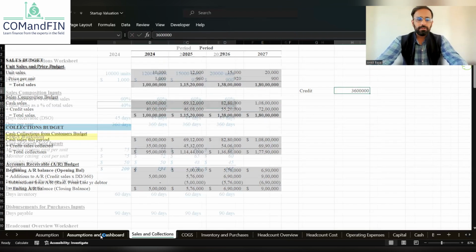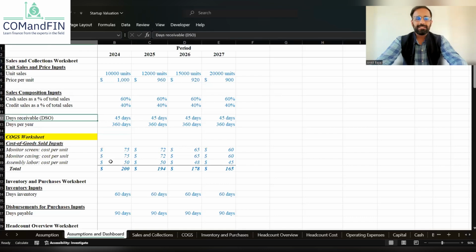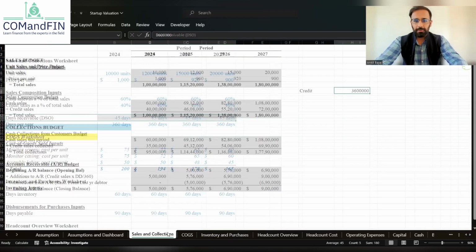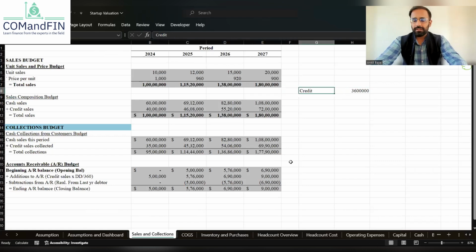Now in the assumption sheet, they have given information related to days receivable, which is 45 days. So here credit sales is 36 lakh, and days receivable is 45 days, and days in a year, that is 360 days.